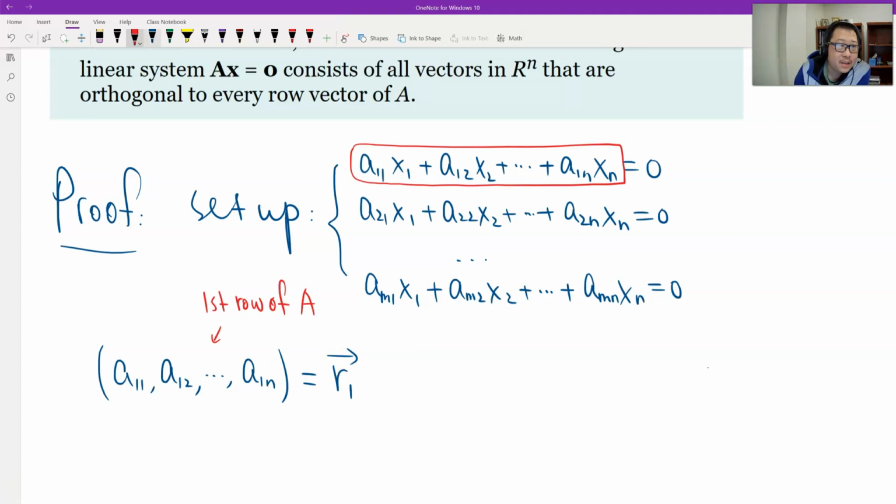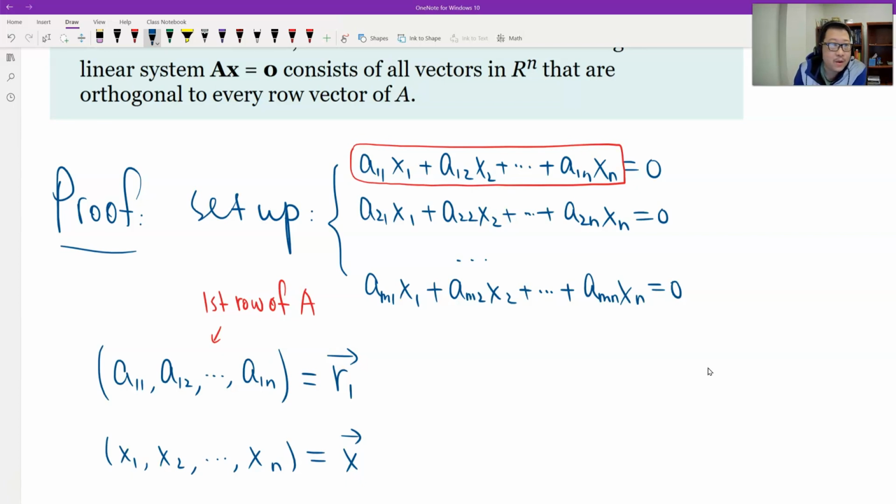And then we set up x as x1, x2, to xn. This is all the unknowns, the vector x, which is a solution of the linear system.